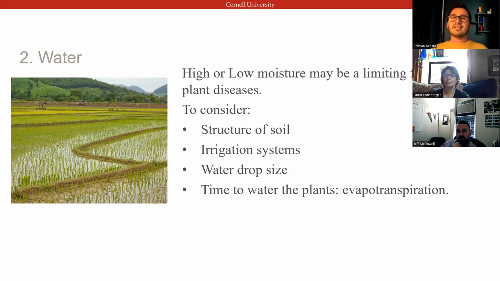Usually, for example, just a pH test is $3. Another one, like a complete one, can be up to $20.